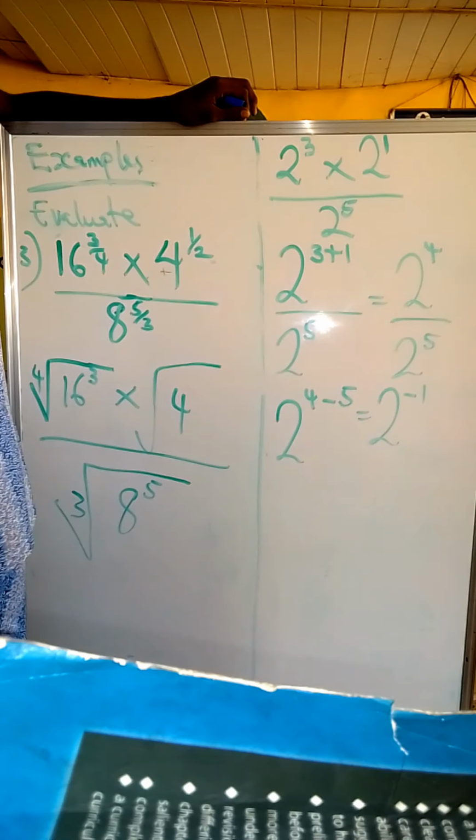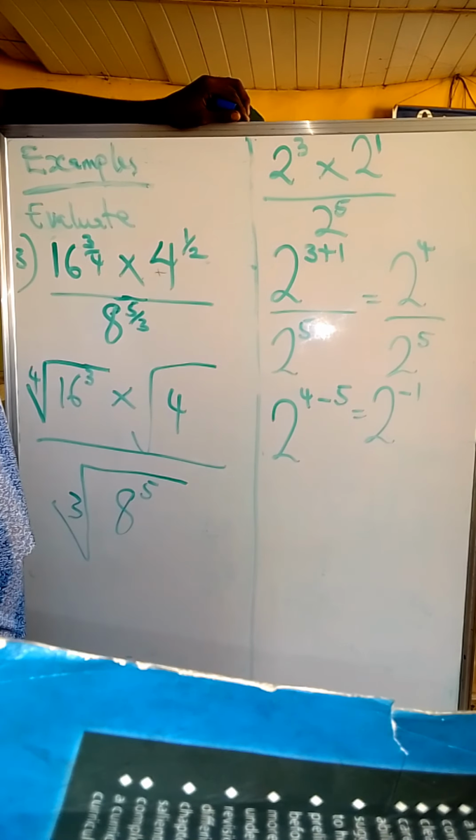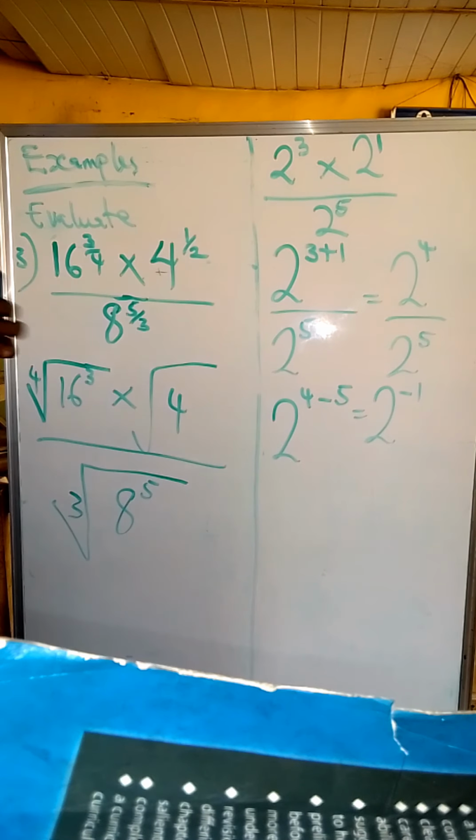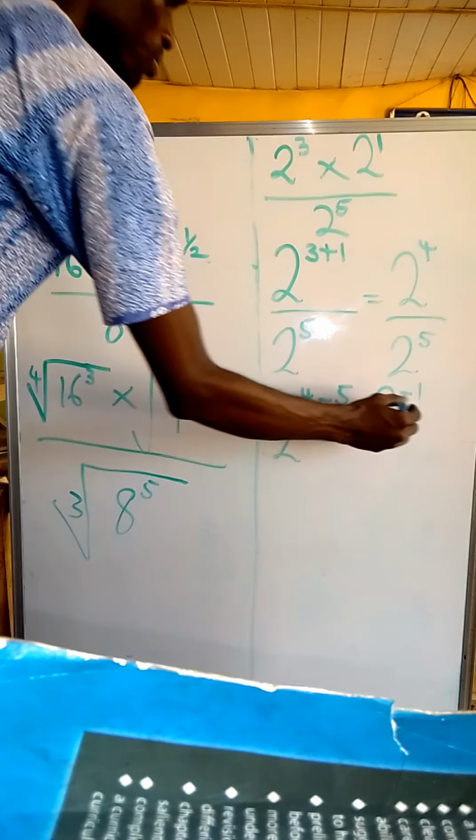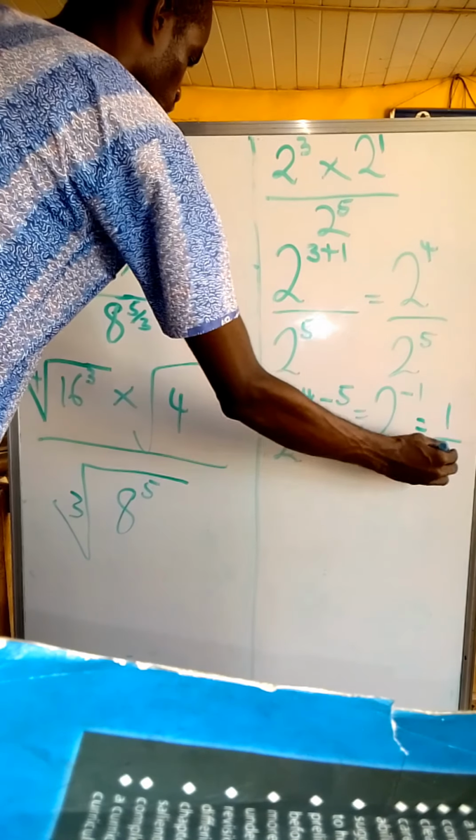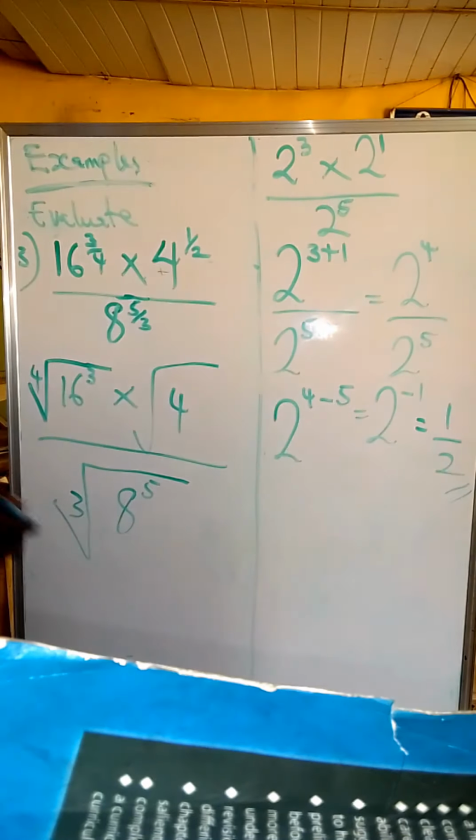But you can also change this to a fraction using the negative index law. a raised to the power minus 1 gives us 1 over a. The same thing, this 2 raised to the power minus 1 will give us 1 over 2. And that is our final answer.